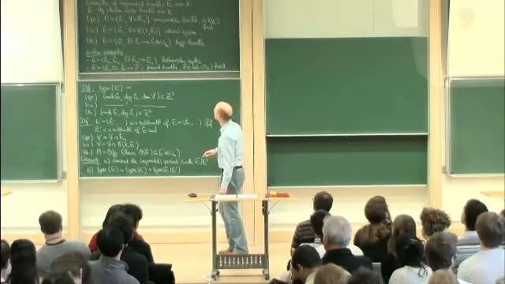We can either map with a morphism from one underlying bundle to the other, and then map with the Higgs field of the second bundle, to E2 check tensor omega. Or we can first use the Higgs field of the first bundle and then the morphism of underlying bundles. And if this is the same, so this morphism intertwines the two Higgs fields in this sense, then we say this is a morphism of Higgs bundles.